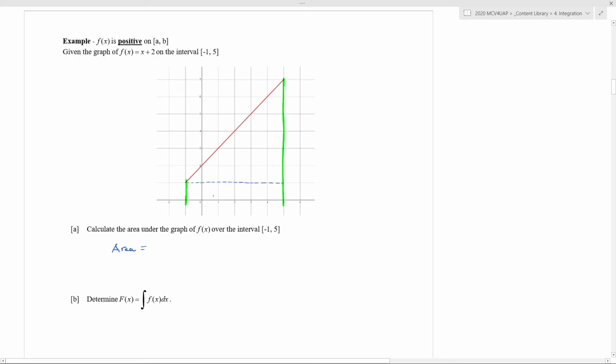Half of 6 times the height of 1, 2, 3, 4. 1, 2, 3, 4. 6 again. Gives us, what? 24.